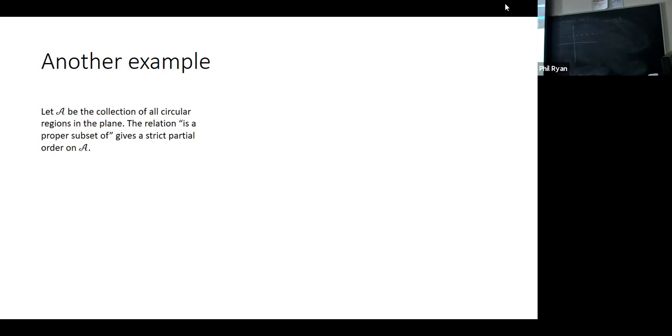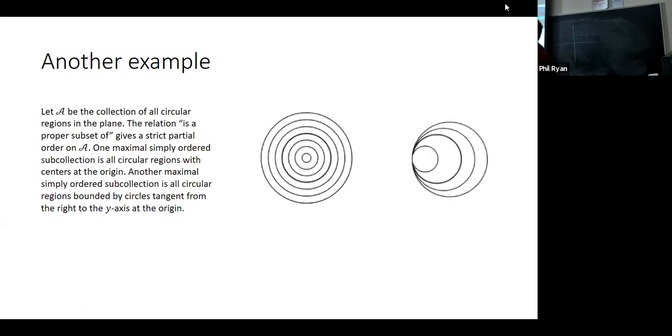So the standard relation that we use in all these problems is proper subset of, and that makes quite a good strict partial order. So if we let A be the collection of all circular regions in the plane, then these are examples of maximally simply ordered subcollections.